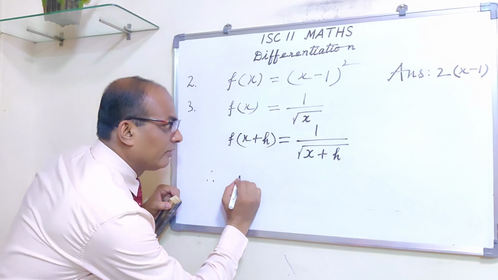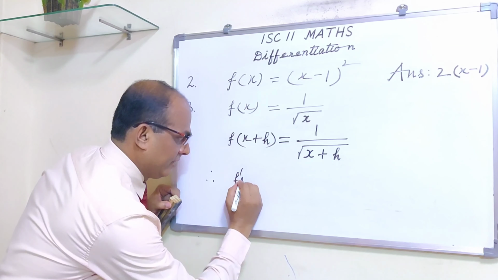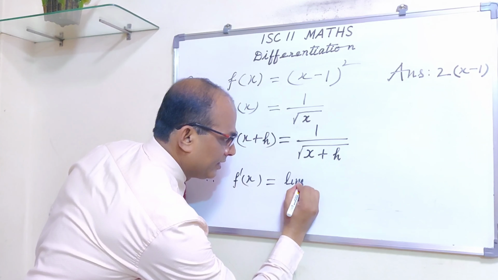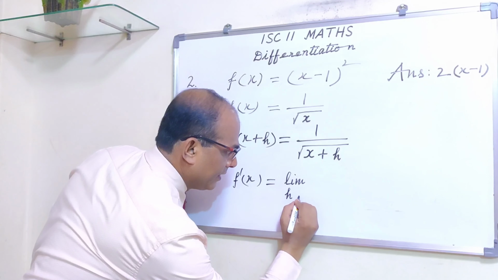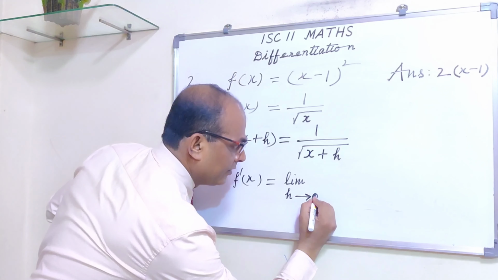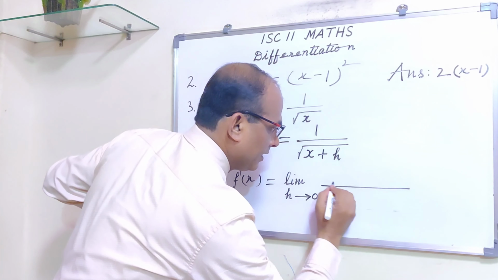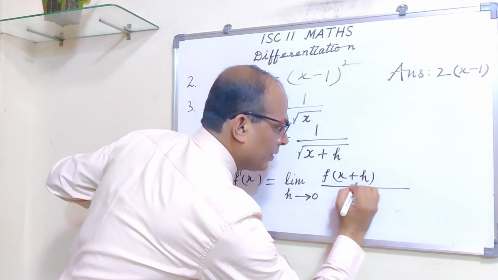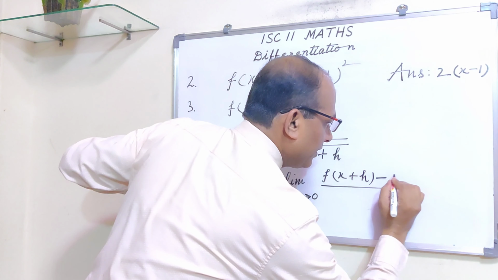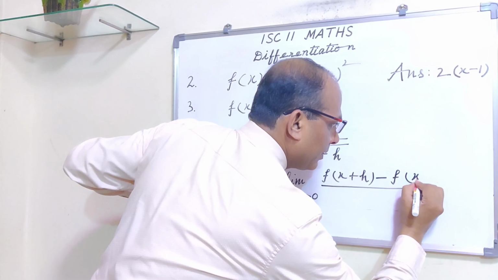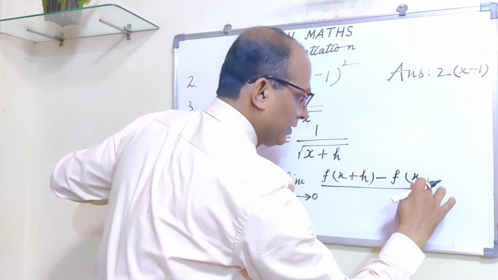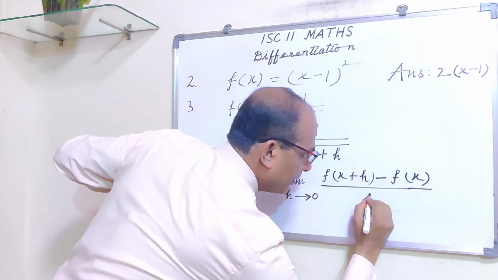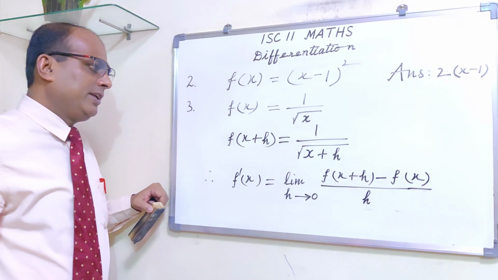So therefore f dash x is equal to, we can write f dash x is equal to limit h tending to 0, f(x plus h) minus f(x) upon h.